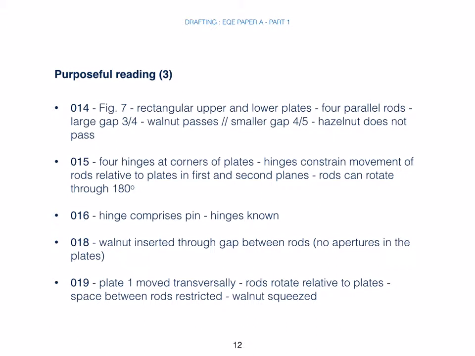The hinges 13, 14, 15 and 16 are arranged at the corners of the plate. The hinges 13 and 14 constrain the movement of the rods 3 and 4 relative to the plates 1 and 2 to a first plane. The hinges 15 and 16 constrain the movement of the rods 5 and 6 relative to the plates 1 and 2 to a second plane.